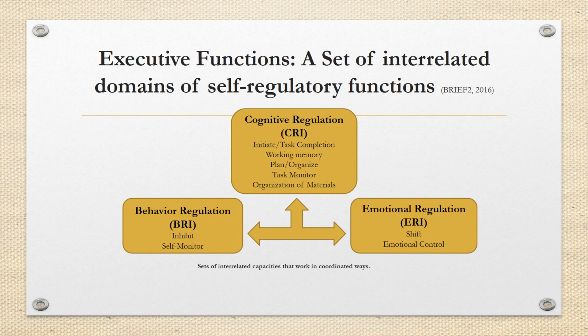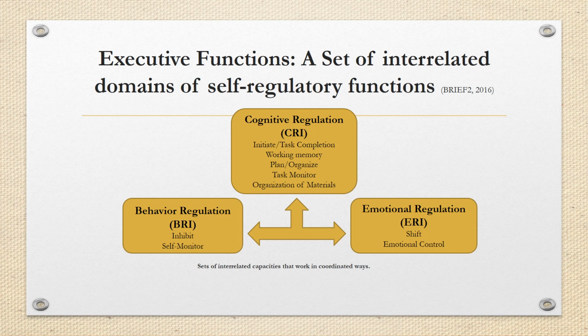I chose this model because the BRIEF-2 is a potential assessment tool that can be used by the school districts in order to assess for executive function. And if school psychologists are using this particular assessment tool, I'm hoping that teachers will be receiving reports from school psychologists that identify the types of executive functions that we'll be talking about today.